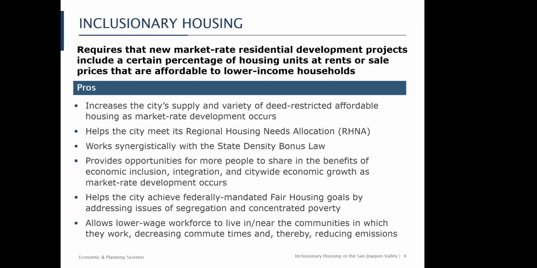And it means that the affordable units are spread throughout projects, and those projects are spread throughout the city. So there's a diversity in where the units are located. Inclusionary housing is a tool that can help the city meet its regional housing needs allocation, which is a big feature. It works synergistically with the state density bonus law. They're not competing programs, but a unit that counts towards state density bonus can also satisfy a local inclusionary requirement and vice versa. So that's important.